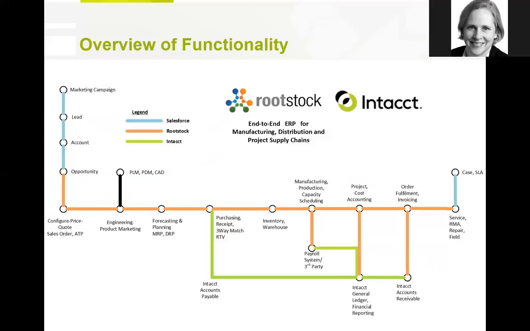The blue is the Salesforce operation, and that is marketing campaigns, leads, accounts, and opportunities. And at the far right-hand side is cases and service level agreements, service repair, and field service in some cases. Those are the parts where Rootstock touches upon Salesforce functionality.